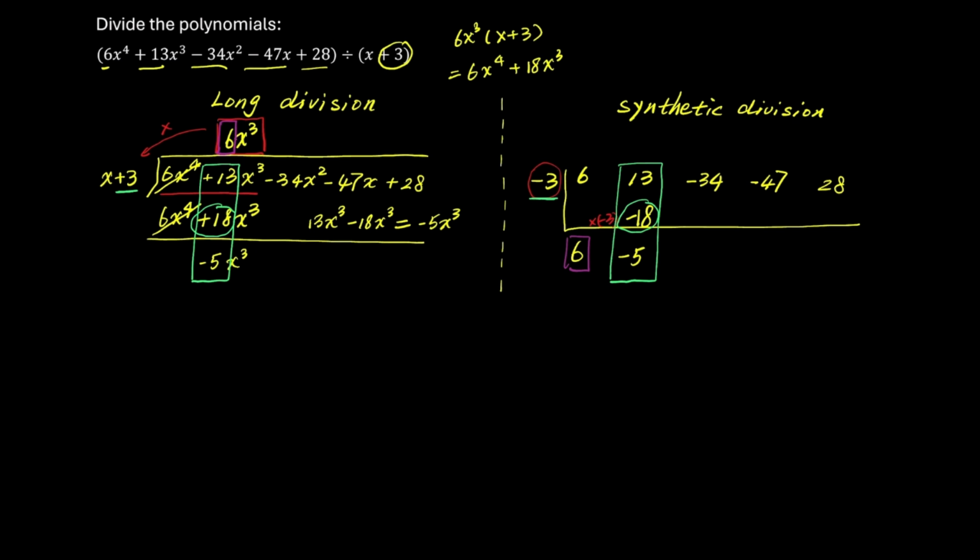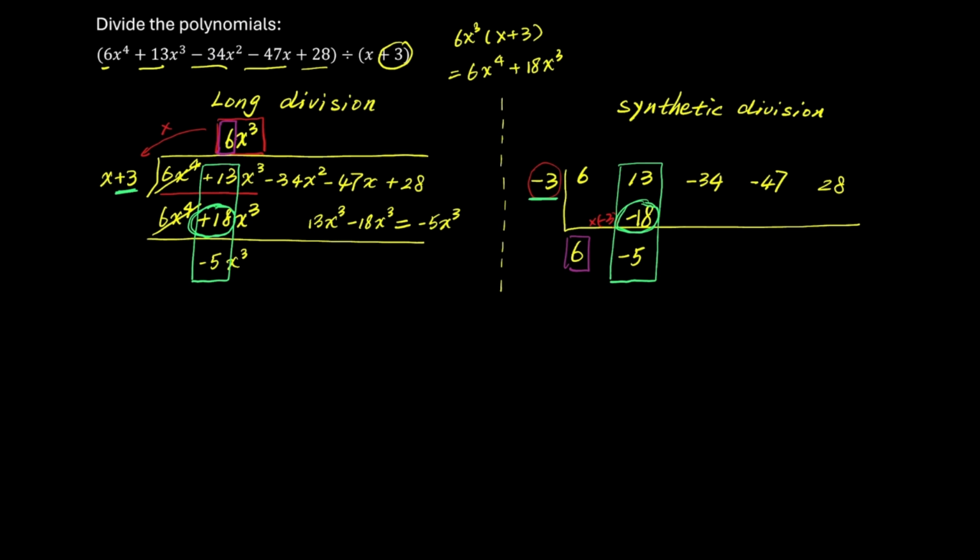By changing the sign from positive 3 to negative 3, we've turned the subtraction into addition. So in the long division, we subtract 18, while in the synthetic division, we simply add negative 18. And both yield the same result.